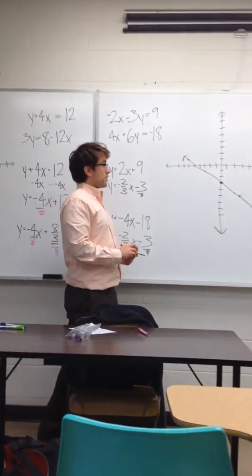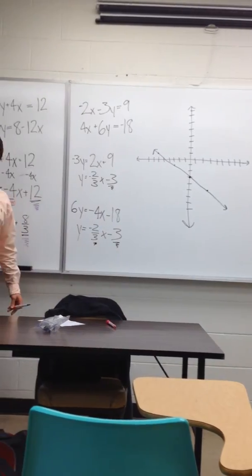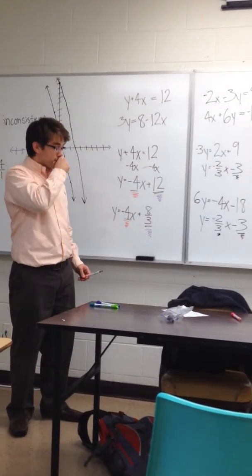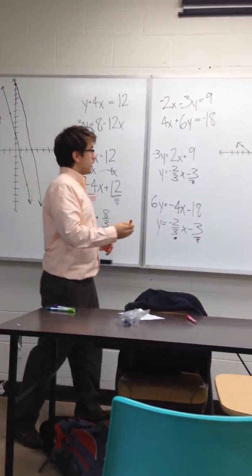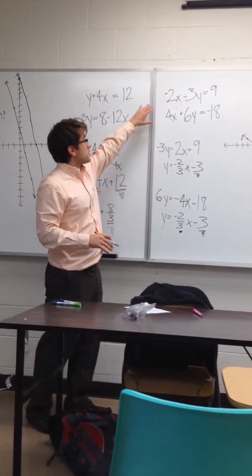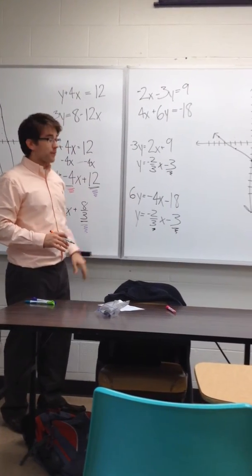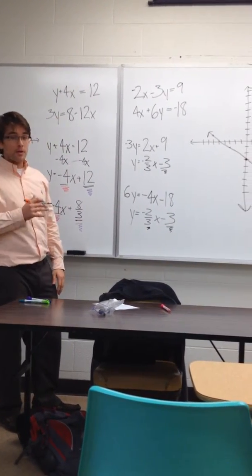Now, that is just like our case over here. So what are they going to be? They're going to be the exact same line. I can draw it again, but it would be pointless in a sense, because even though these equations look different from one another, they're the exact same line after putting them in the slope-intercept form.